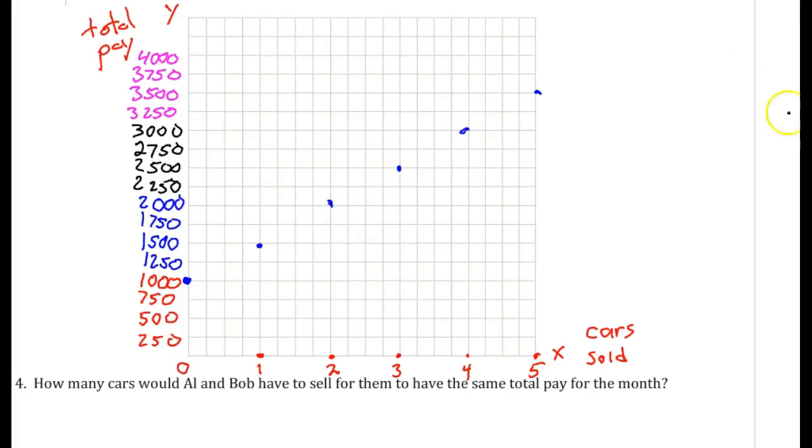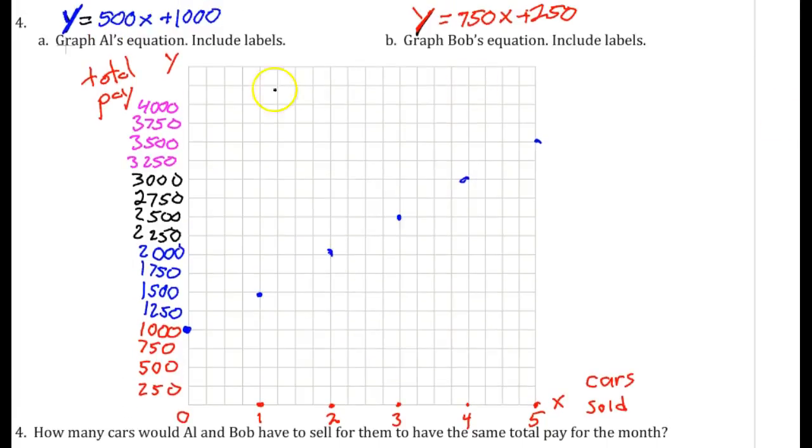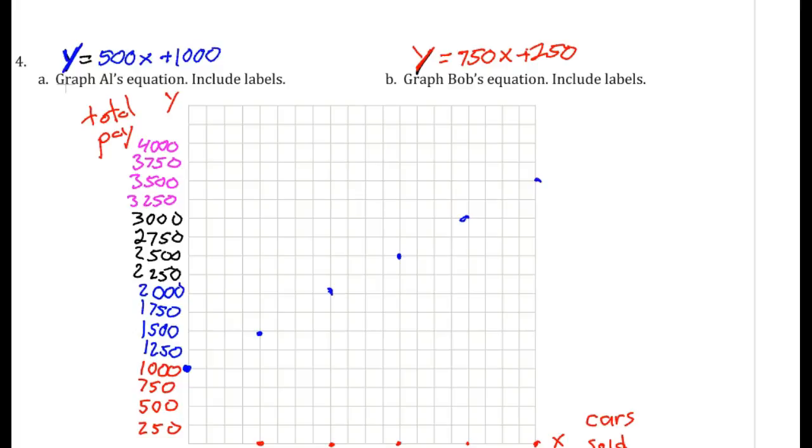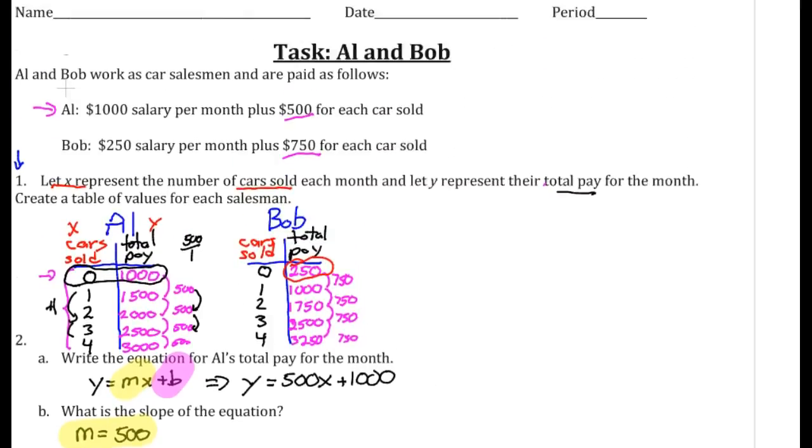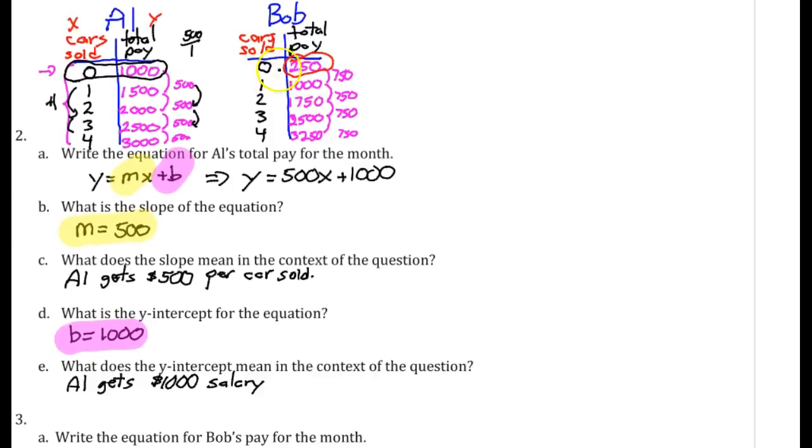And then go ahead and do the same thing for Bob. And again, if you're not sure where to start, just remember it's the same exact as the table. 0, 250. Start at 250. 1, comma 1,000. 2, comma 1,750.